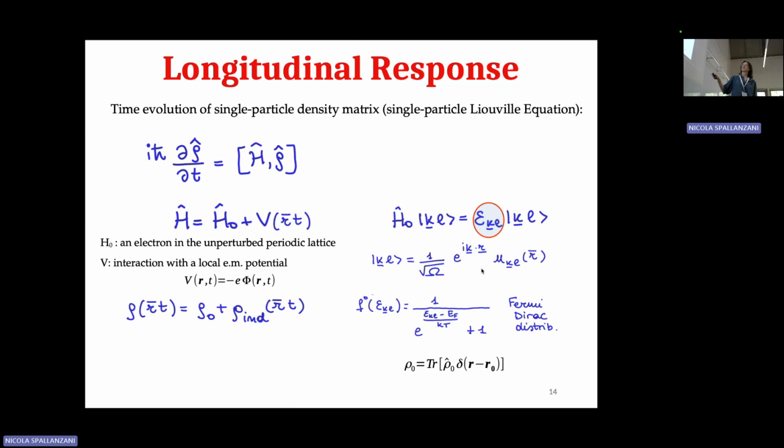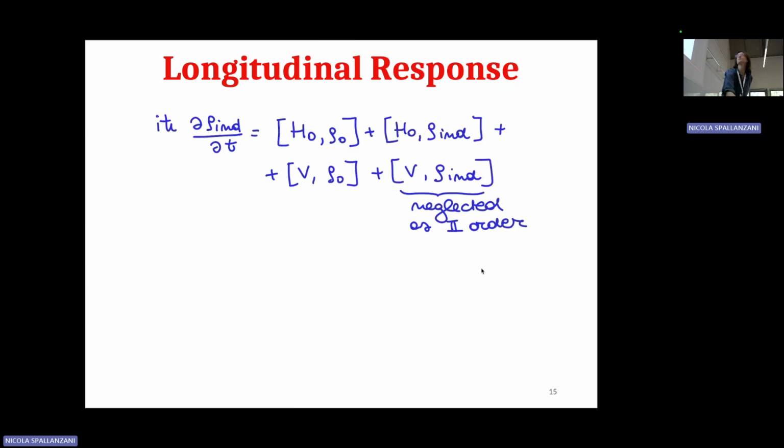This state KL is an eigenstate of H0, but also of the density matrix rho 0. Well, the density is expressed in terms of the density matrix in this way, by the trace of the density matrix rho 0 times the delta function.